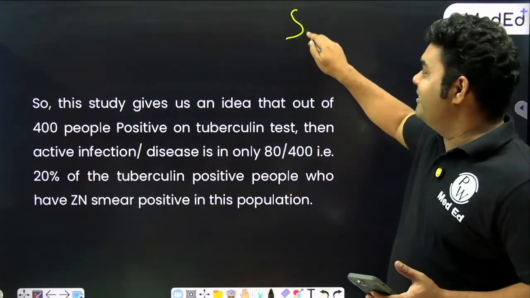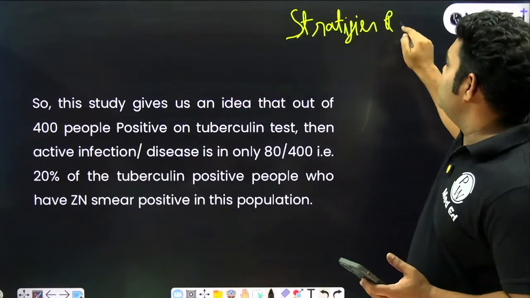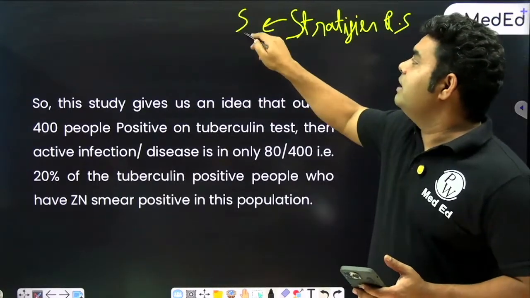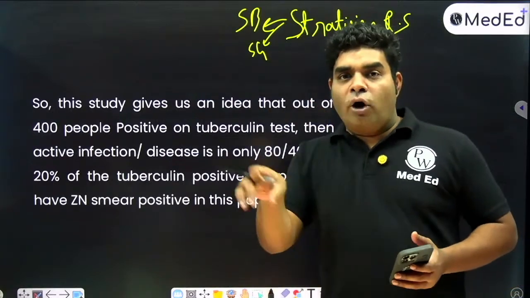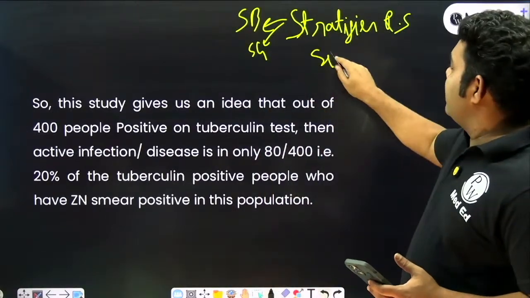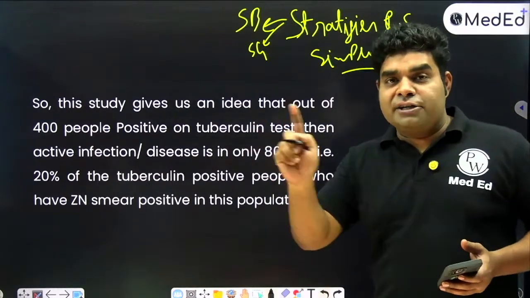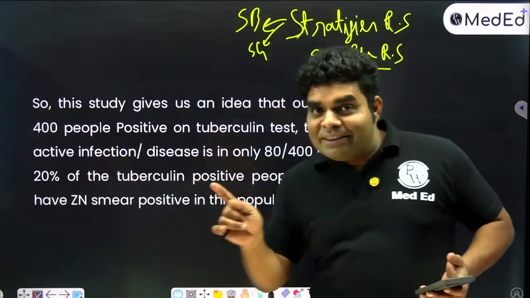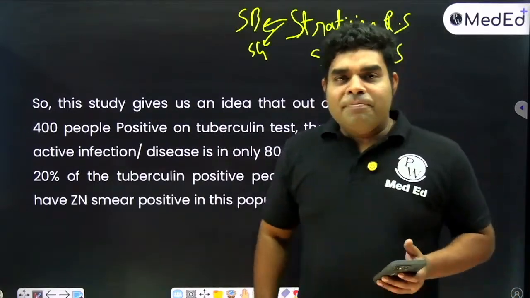No, stratified random sampling, because I am dividing you, then choosing 5 boys, 5 girls is stratified random. If I just choose 10 people by lottery method, that is simple random sampling. Okay, and if I choose every third student, let's say, so every third, I am following a system, that is systematic random sampling.